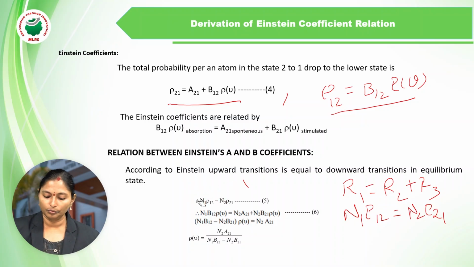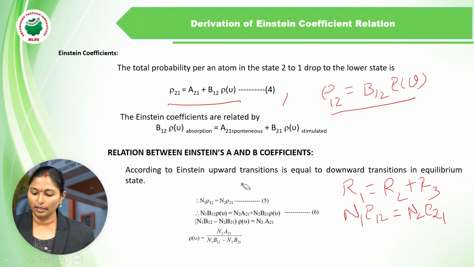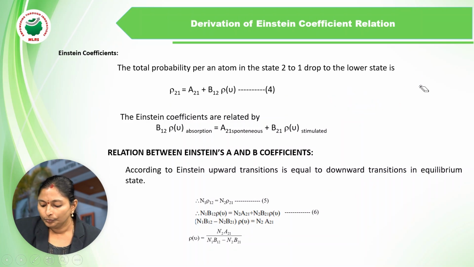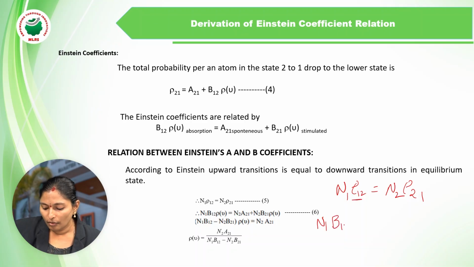So finally, in another way we can write R1 equal to R2 plus R3. The downward transition means R2 and R3, and the upward transition means R1. So now we can continue the relation. N1 rho 12 equal to N2 rho 21. Here rho 12 means B12 rho nu, energy density.